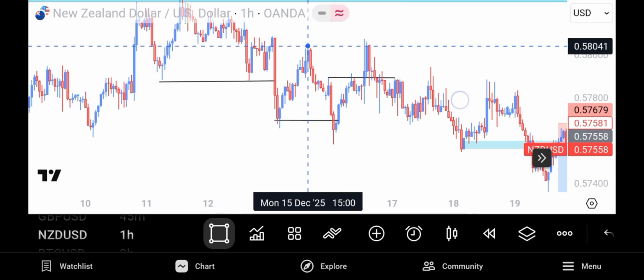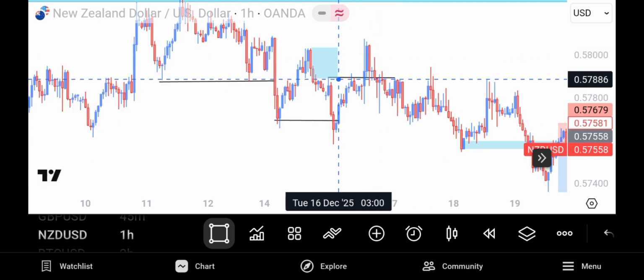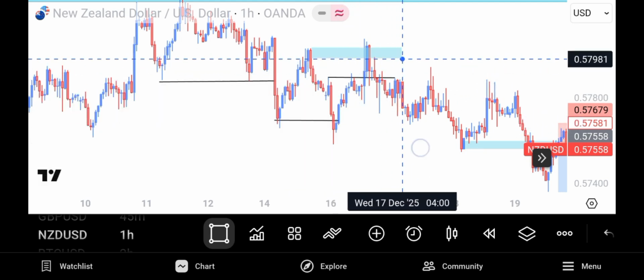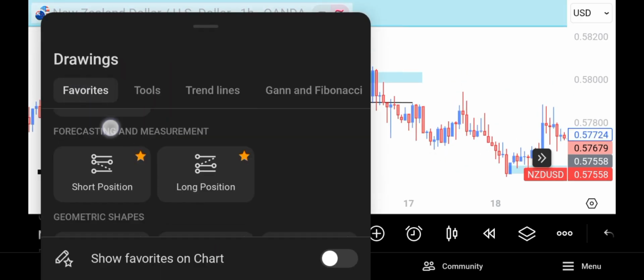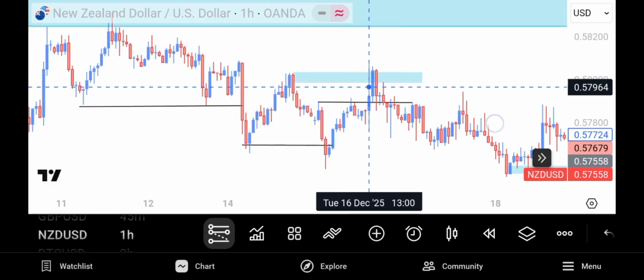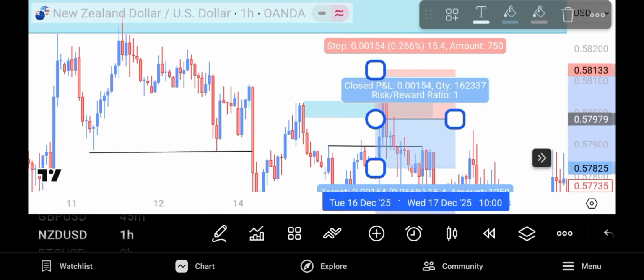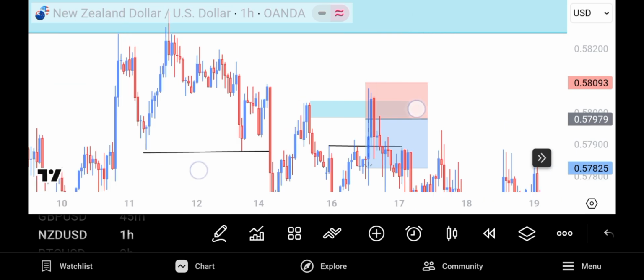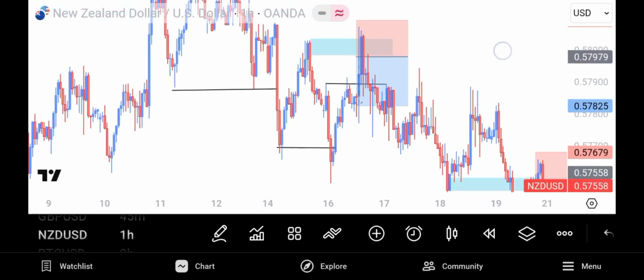So I just wanted to do a recap of how I use the top down analysis, right? So we got this order block right here, and we're expecting the market to tap into this order block and drop, which when we tapped into the order block, we started dropping, right? So as you can see, my stop loss was around here. We came close to hitting our stop loss, but we didn't hit it.